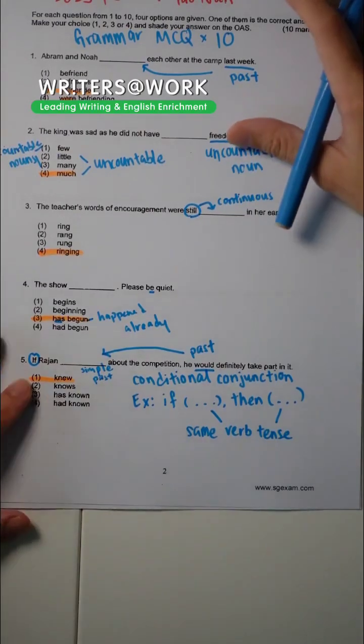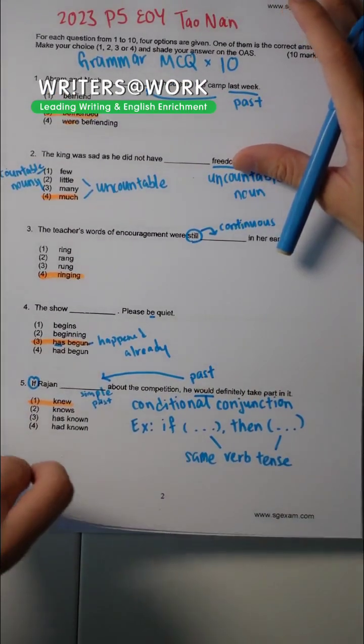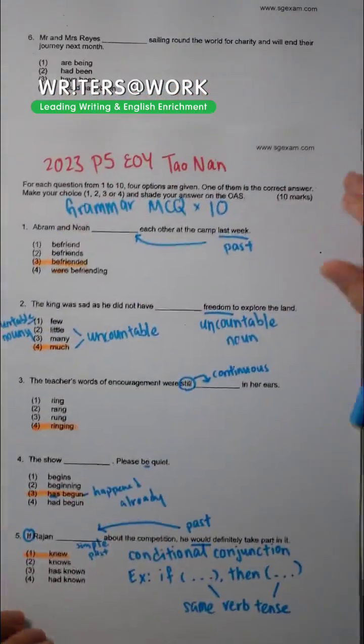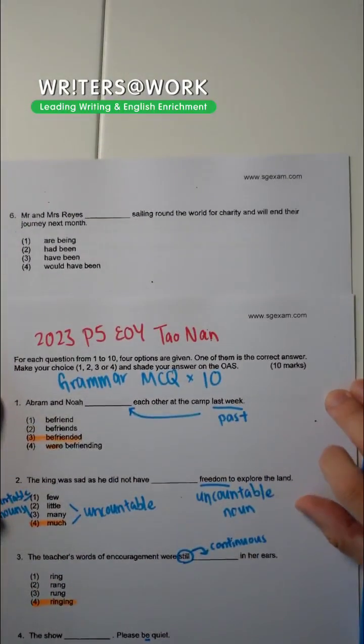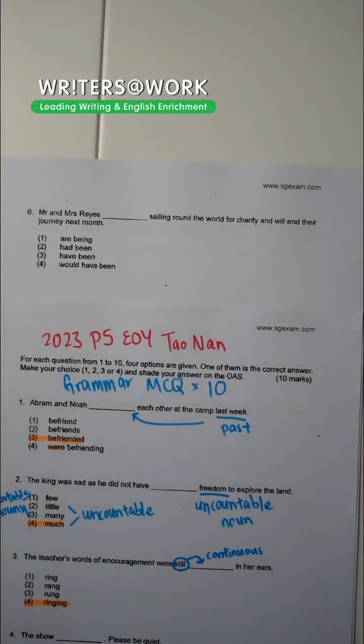Good. On to question 6 and our next set of 5 questions. At the top of the page over here, Mr. and Mrs. Reyes blank sailing around the world for charity and will end their journey next month.